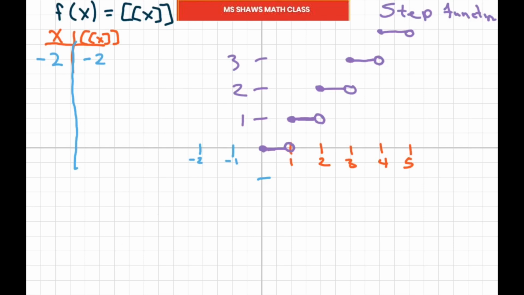However, -1.5 is also going to go to -2 because you round down. That means you're rounding down to the left. And -0.5 rounds down to -1, not to 0. So be careful with the negatives.